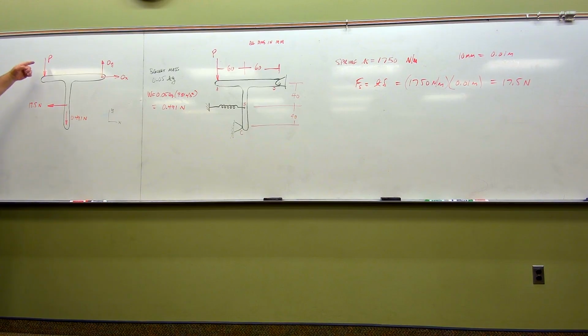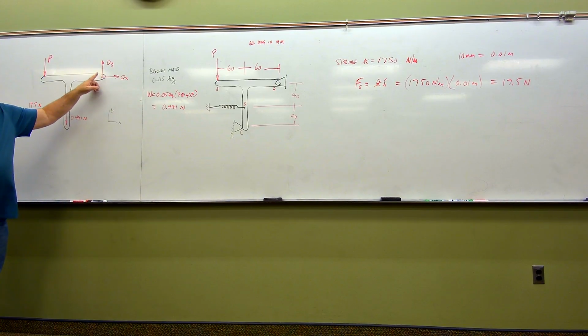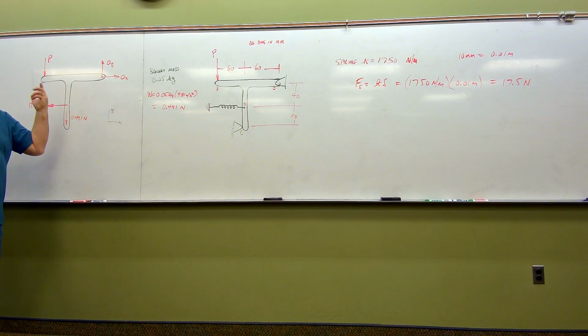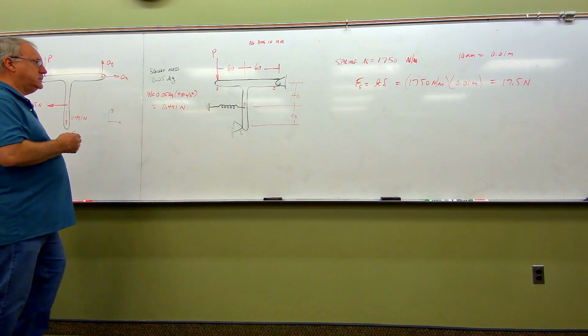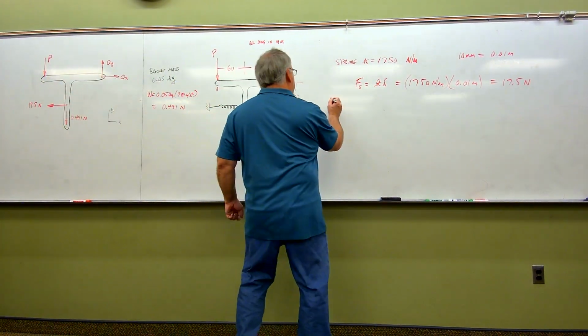All I want to know is P. So I can write one moment equation through point O, which will take OX and OY out of that equation. The only unknown I'll have is force P, and I solve the problem. So let's do that. Let's sum moments about point O.